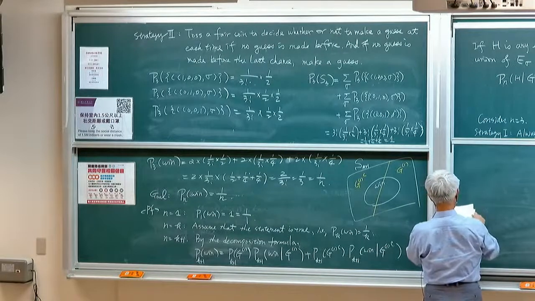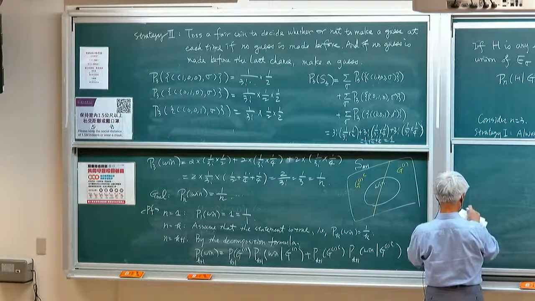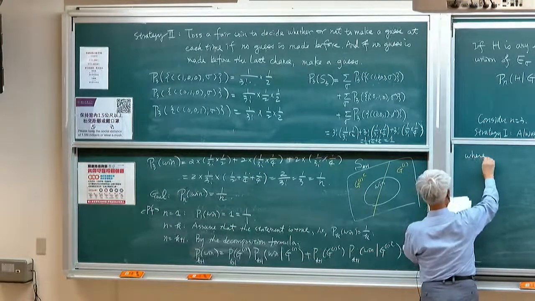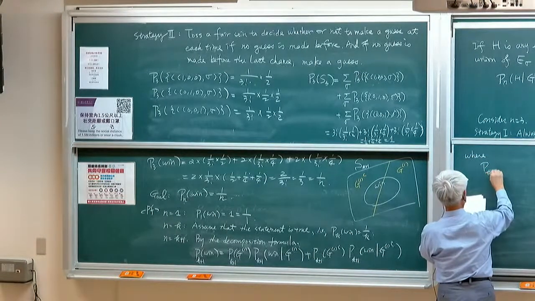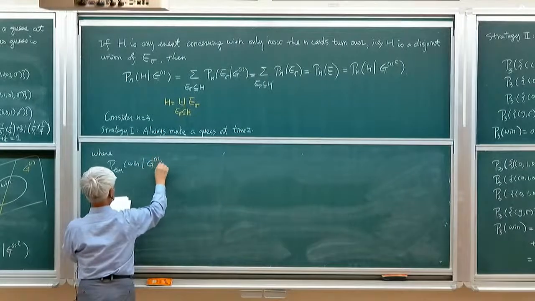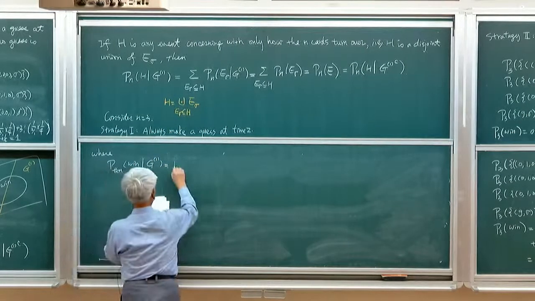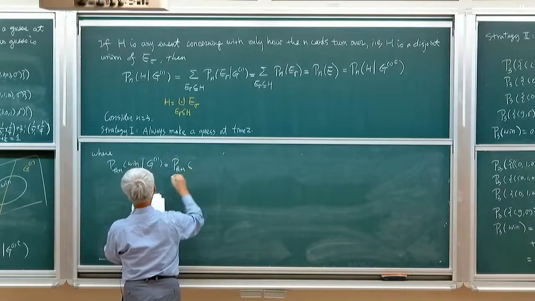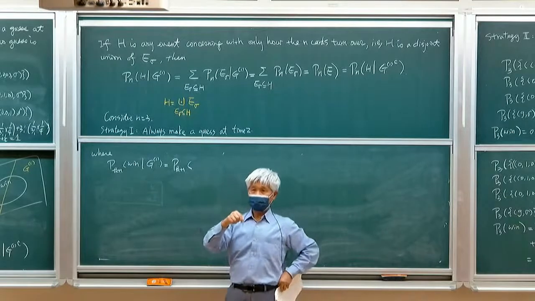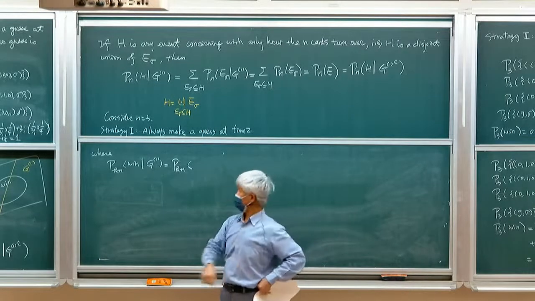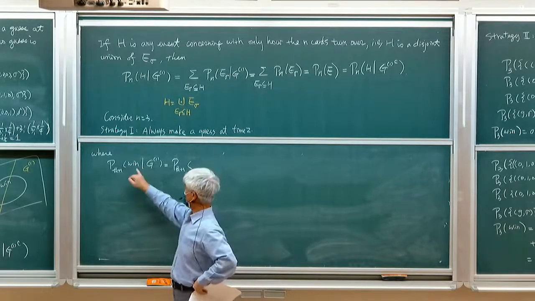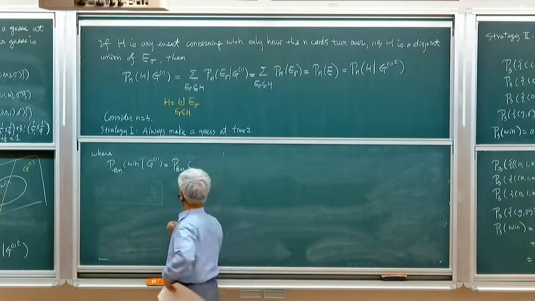So now P k plus 1 of win given G1. All right, so this is P k plus 1. Now, at the first time, the player makes a guess, and the result is that the player wins.